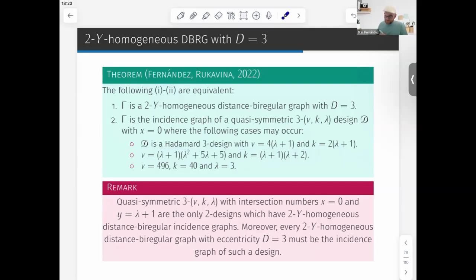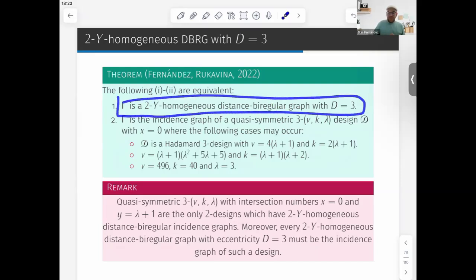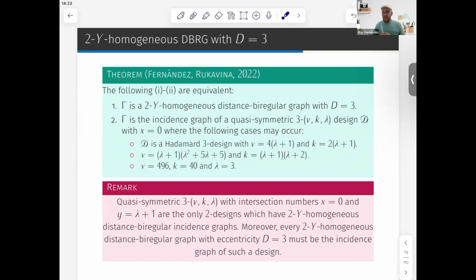For lambda equals 2 it is known that it does not exist, but for lambda greater than 2 we don't know anything. And this is an isolated example for which it is not known that such a design exists. But the incidence graph of any of these quasi-symmetric designs is exactly a 2-homogeneous distance-biregular graph with d equal to 3.